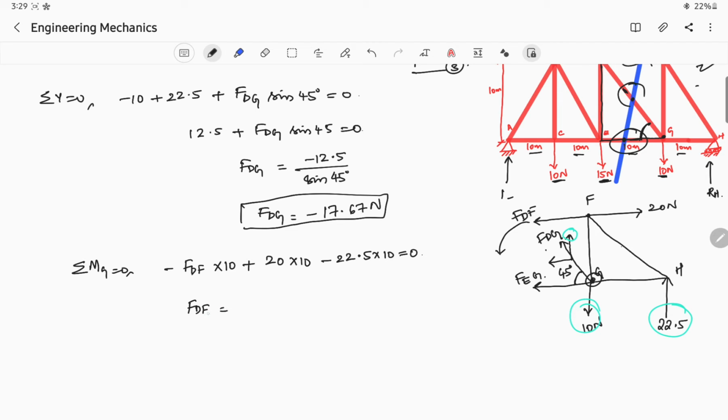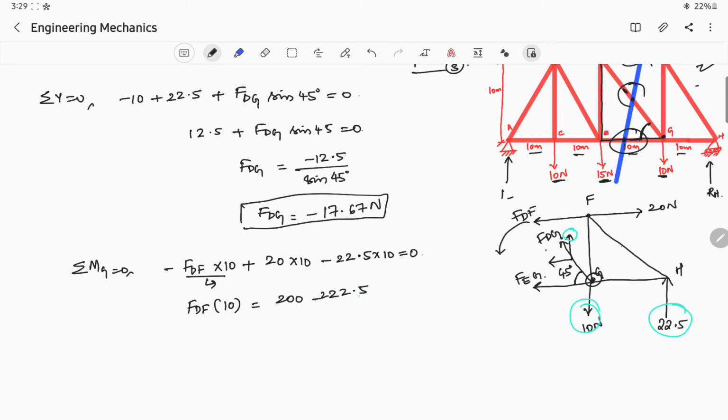If you simplify this, FDF into 10, sending this term to the right hand side, is equal to 200 minus 222.5, right?